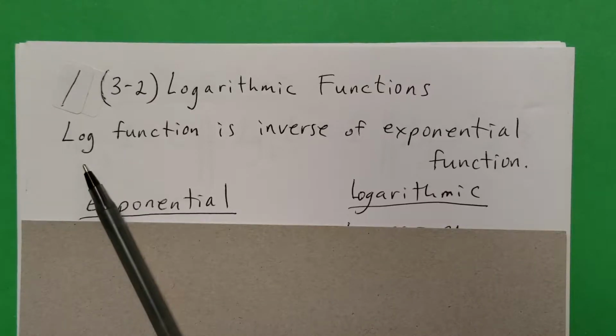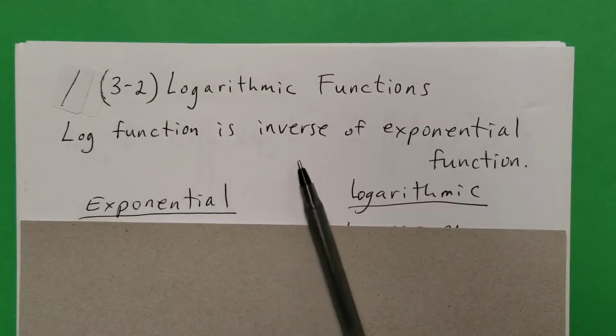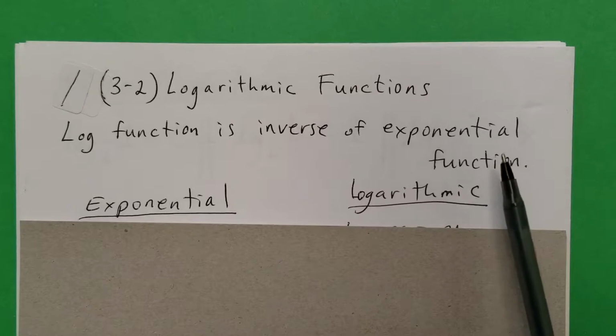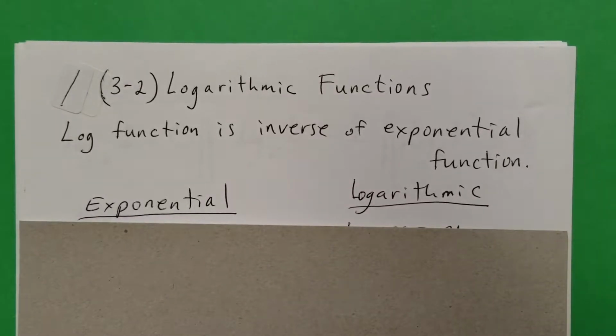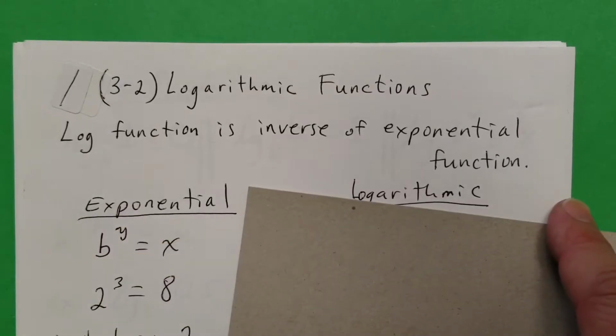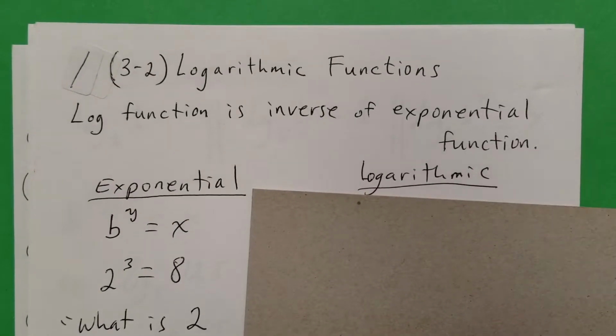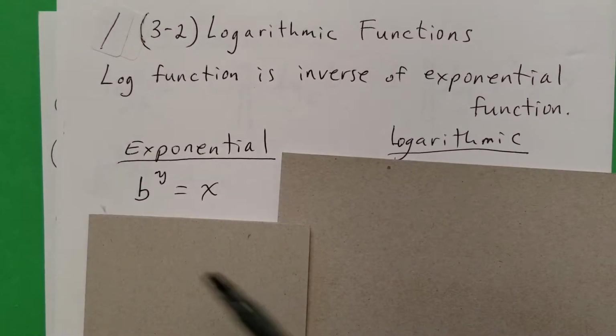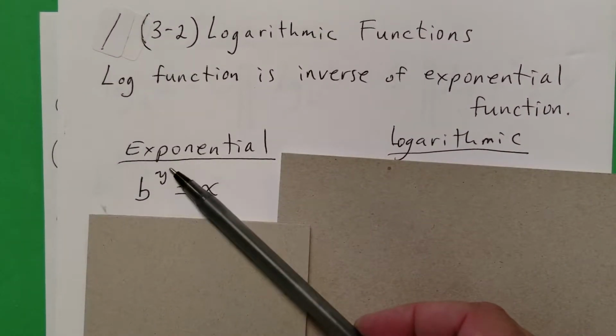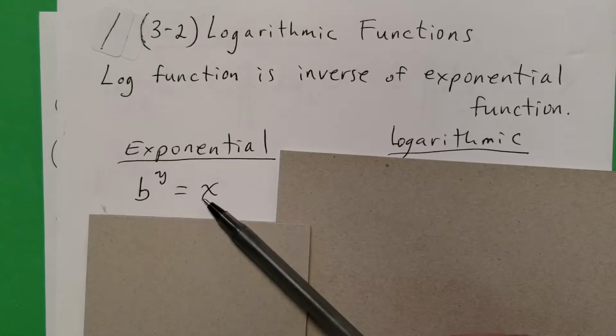Log, short for logarithmic. The log function is the inverse of the exponential function, so it's going backwards. Let me remind you of the exponential function. An exponential function has a base and a power equals, say, x.